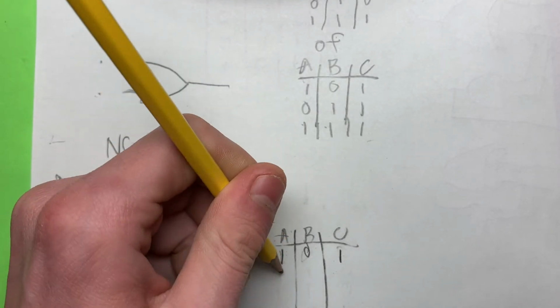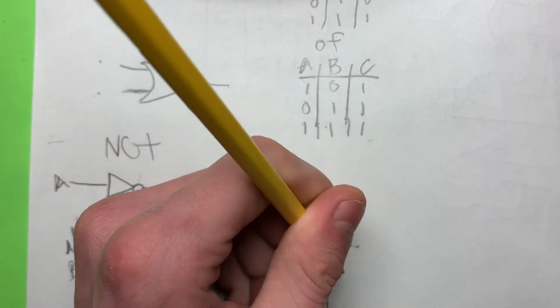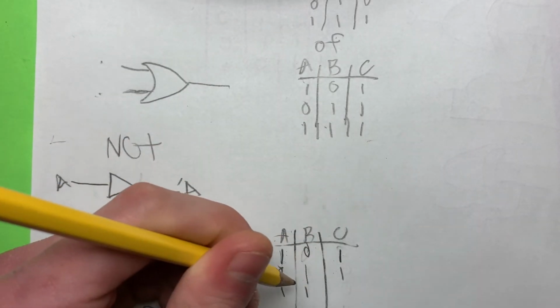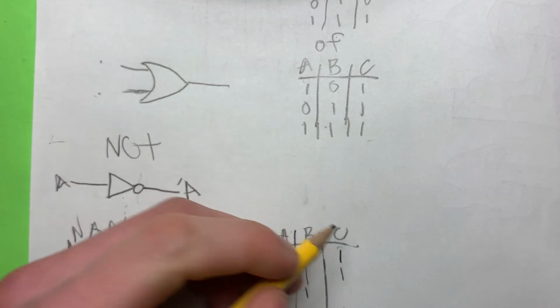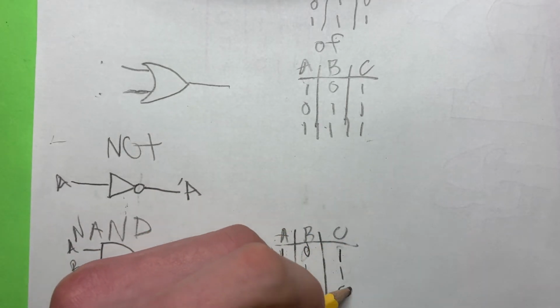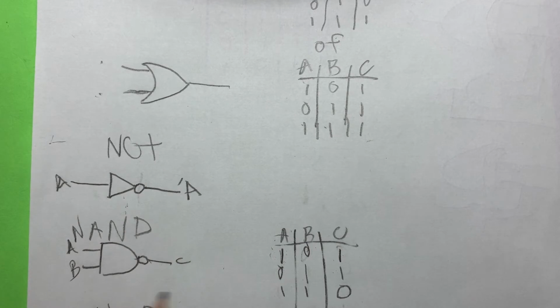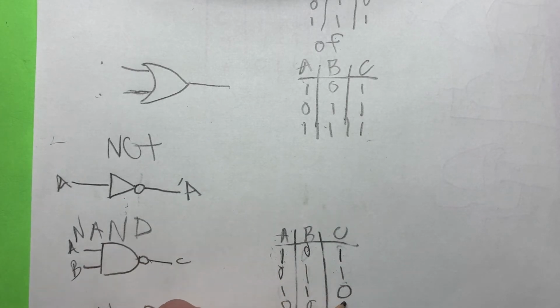Now, if A is 0 and B is 1, you can tell it's probably going to be 1. If they're both on, that is the situation where it would be off. Because when they're both on, that's when power is coming out of the actual AND gate. So you reverse the power and you get no power. And obviously, if you have no power, it's just going to be on.